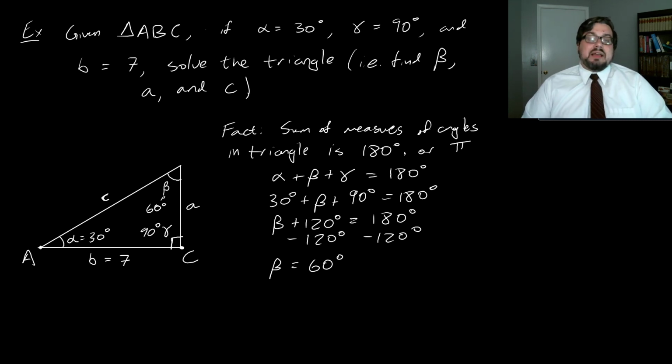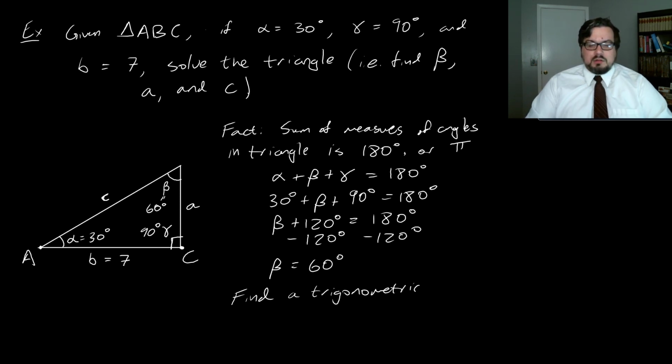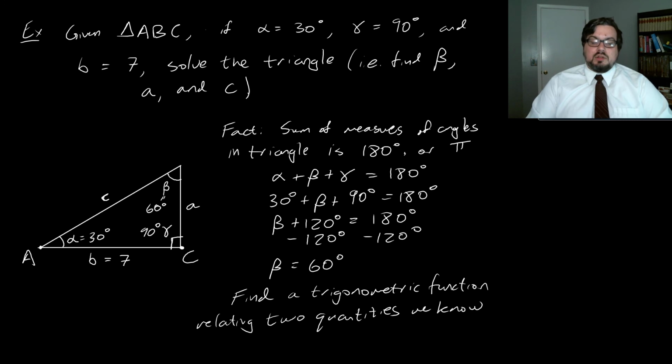Figuring out the other side lengths is going to involve using some trigonometry. And here's the technique that you always want to use here, is we want to find a trigonometric function relating two quantities we know to a single quantity we don't know.